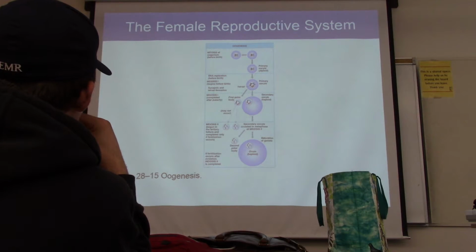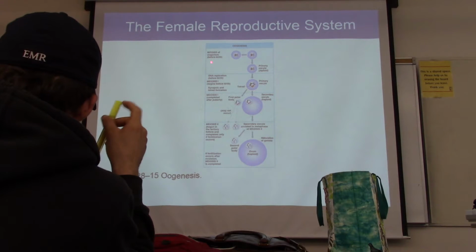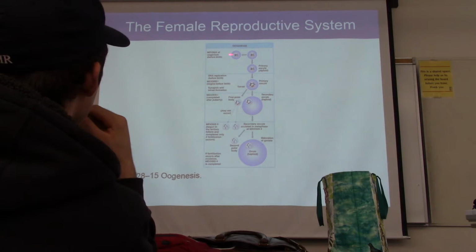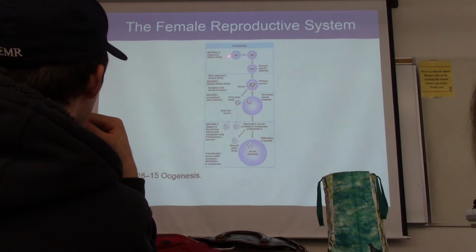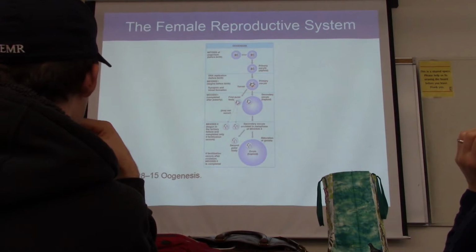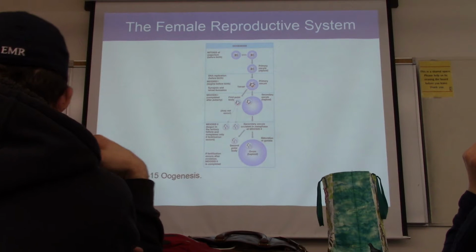So here's the process that you need to understand very well. Notice that mitosis of these oogoniums, these are the immature sex cells, happens before birth, and it's just mitosis, right? 1 becomes 2, 2 becomes 4, that sort of thing.